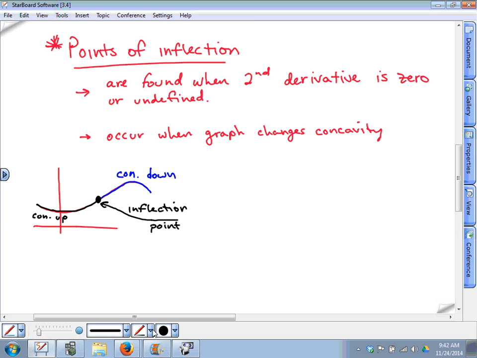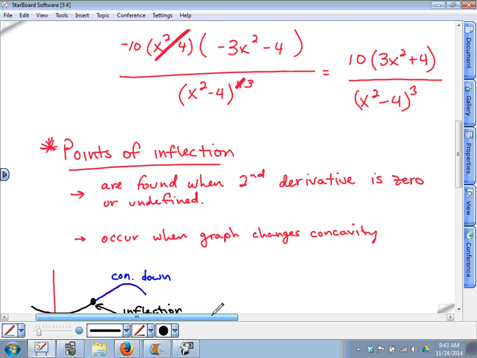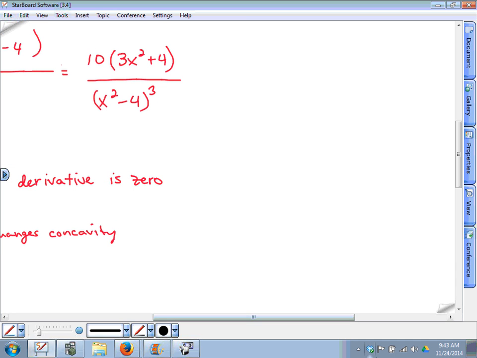So, let's get back now to our example. We've got the second derivative right here. When's it going to equal 0? When is it undefined? First of all, you need to really think hard about this right here. 3x squared plus 4. It doesn't factor.